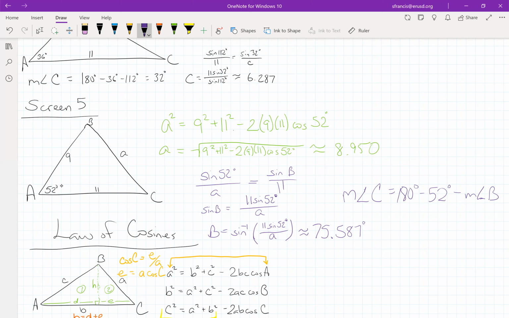So the measure of angle C is about 52.413 degrees.